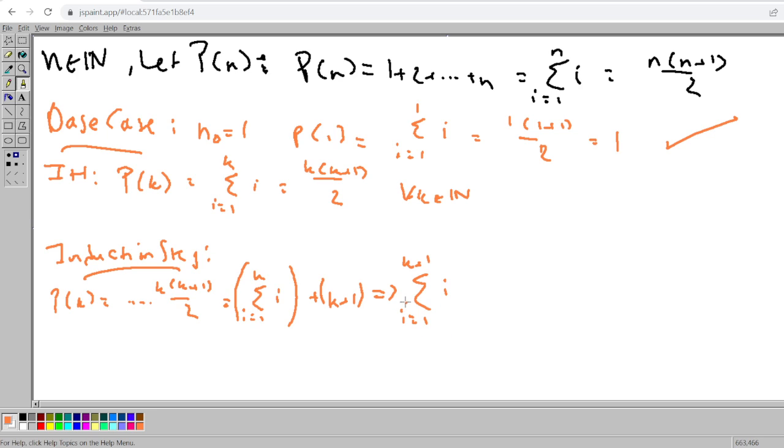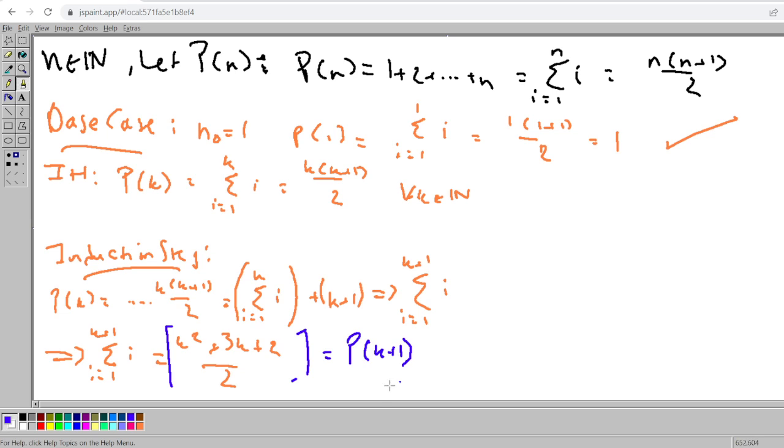Then, I'm kind of reading it, making sure I'm doing this right. That would imply we have the sum from i equals 1 to k plus 1 of i, which is equal to (k squared plus 3k plus 2) over 2, which is precisely equal to property P of k plus 1.